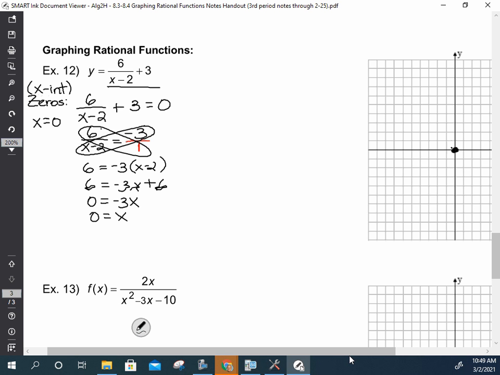All right, so vertical asymptote. Take the denominator, set it equal to 0. That's pretty simple. x equals 2. That's your vertical asymptote. So this is how we draw a vertical asymptote.